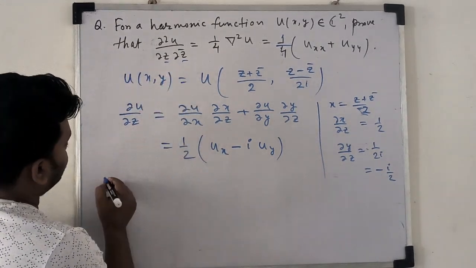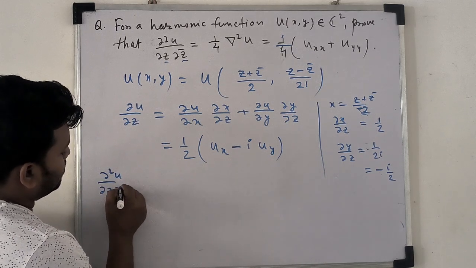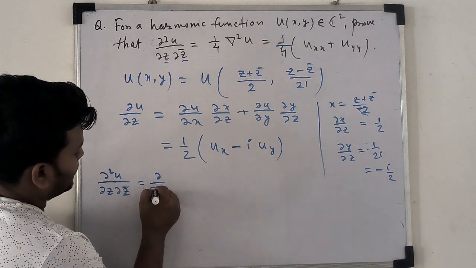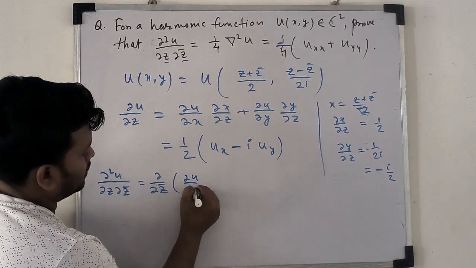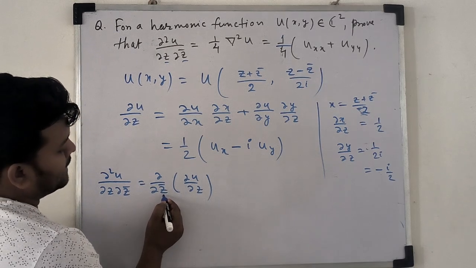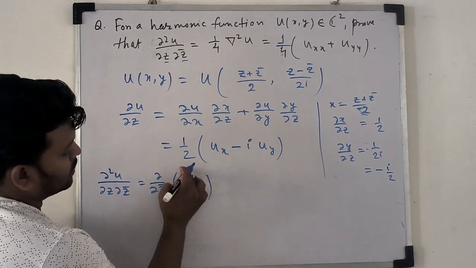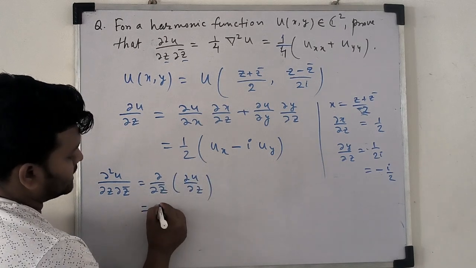So now we have to find ∂²u/∂z∂z̄. This is nothing but partial differentiation with respect to z̄ of the function ∂u/∂z. Here z̄ is the independent variable and this function contains x and y, so we have to apply the chain rule again.